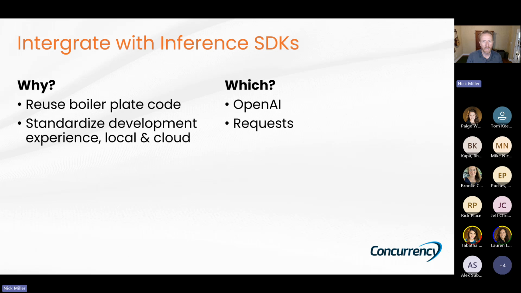So the first thing is integrating with inference SDKs. And what's the value of that? And why would you want to do that? Well, it's reusing boilerplate code. So if you already have code that allows you to connect to OpenAI and has functions built so that you can work with the OpenAI chat client, why not reuse those boilerplate code modules, right?